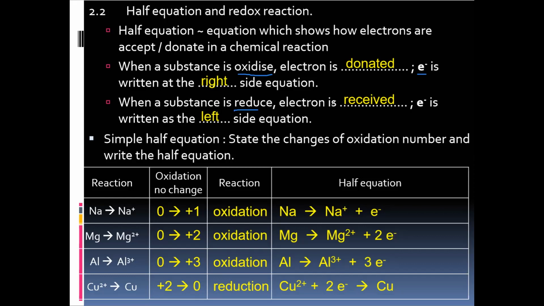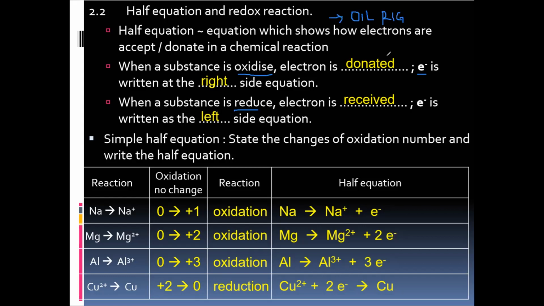Another way, there's a common statement that says oxidation is loss, reduction is gain. So we call it OIL RIG. This is a very common acronym in electrochemistry.